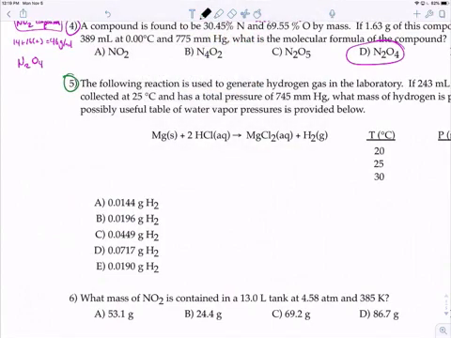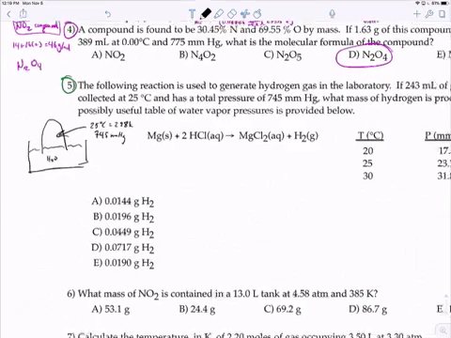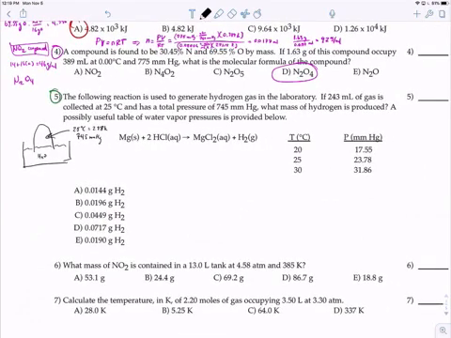So it'll be something like this, where we have stuff in water, and in here we have H2O. 25 degrees Celsius equals 298 Kelvin, 745 millimeters of mercury, and volume is 342 milliliters. Okay.